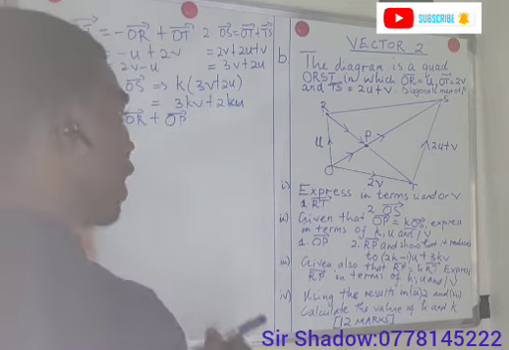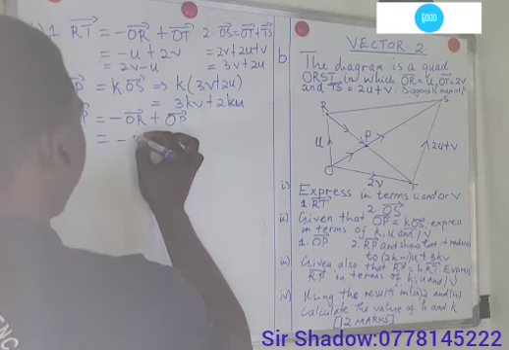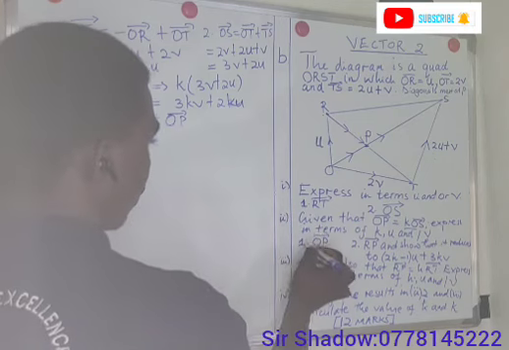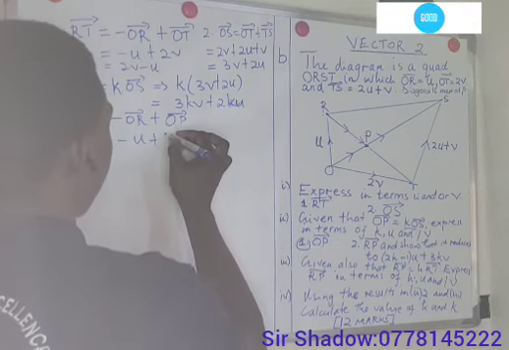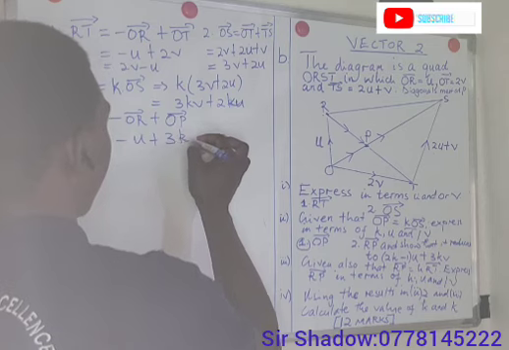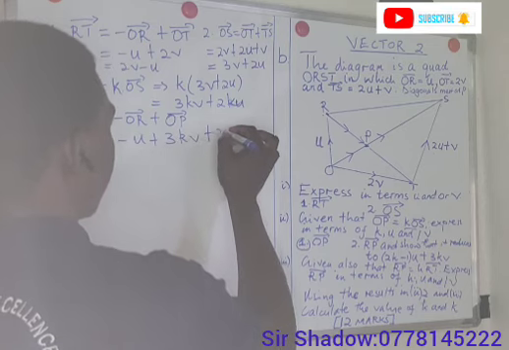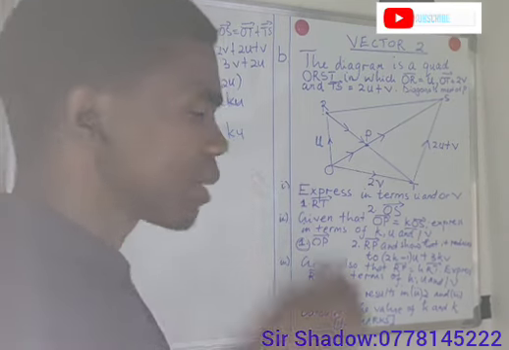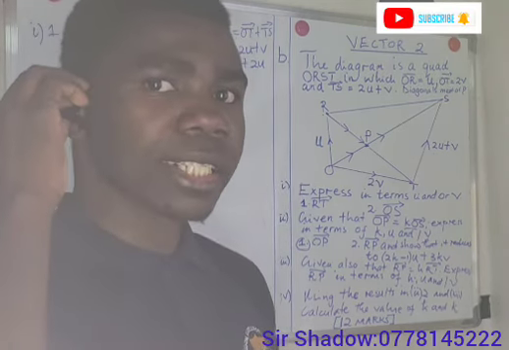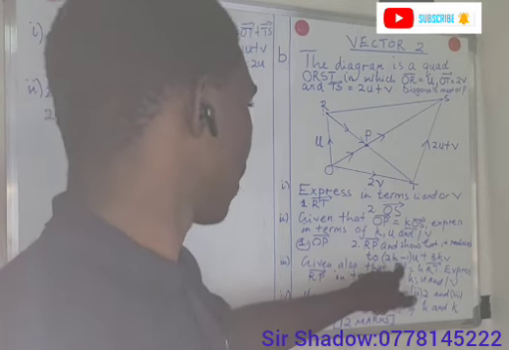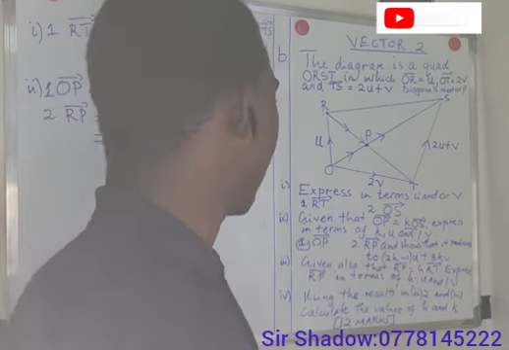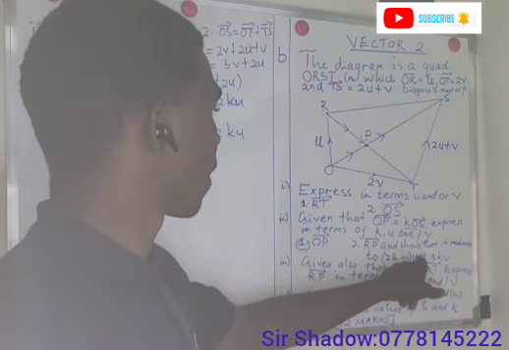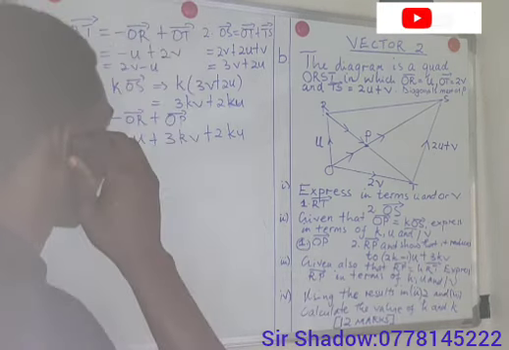So negative OR, which is negative U, plus OP, which is 3kV plus 2kU. But remember, on this question, you were asked to show that it reduces to this one. So remember, we have to group the like terms.